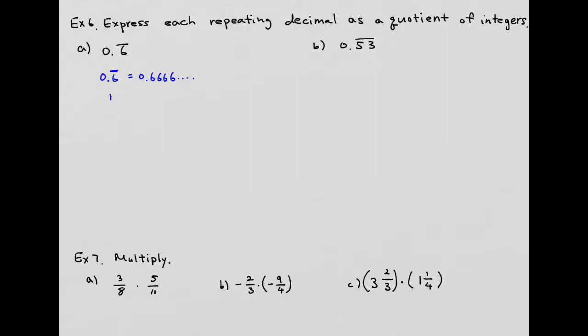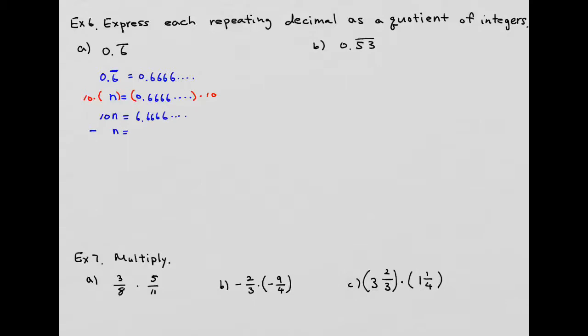So n equals 0.6666 repeating. If I multiply 10 on both sides, I get 10n equals 6.6666 repeating, right?